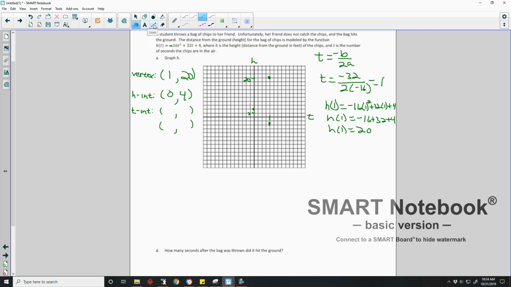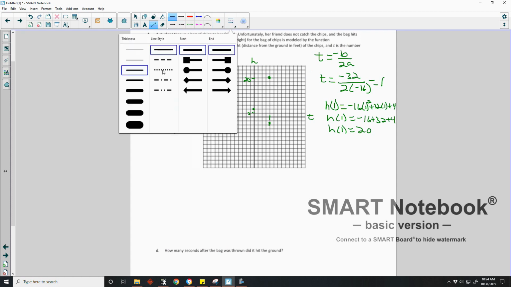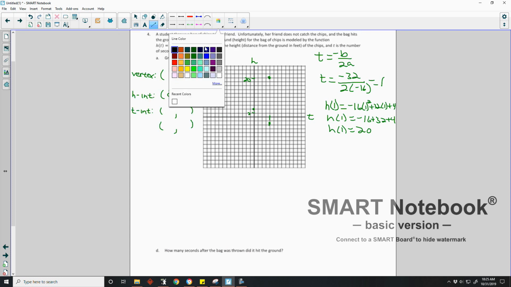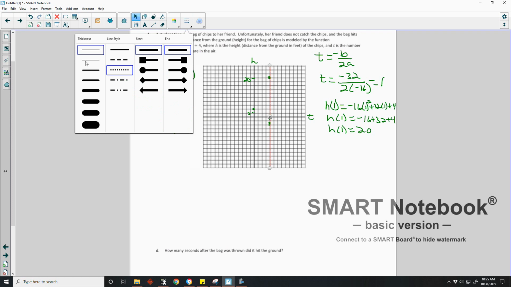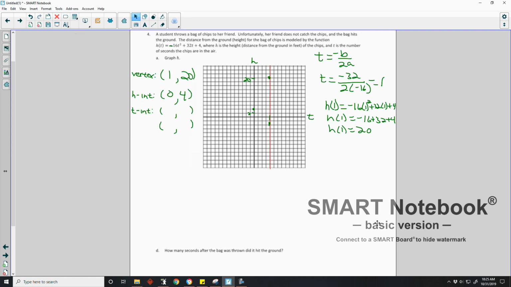I will draw a segment showing the axis of symmetry. And let's make it red. And it is going to be at this location right here. Let's make that a little thicker. That's better. Okay, so there's my axis of symmetry, x equals 1.